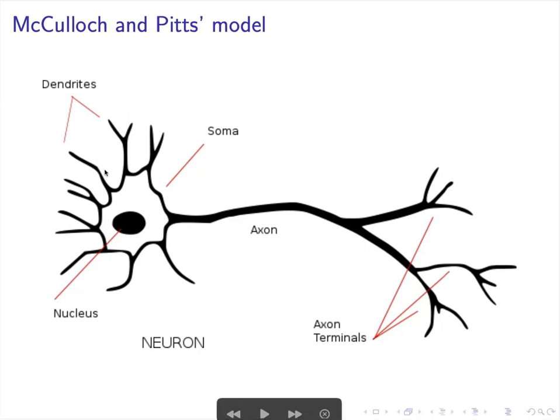But anyway, this is a really simplified neuron with dendrites and an axon. The dendrites are where neurons collect the inputs coming from other neurons, and then it communicates to other neurons using the axon, if I'm not mistaken.